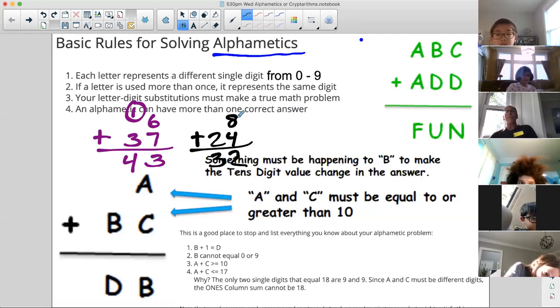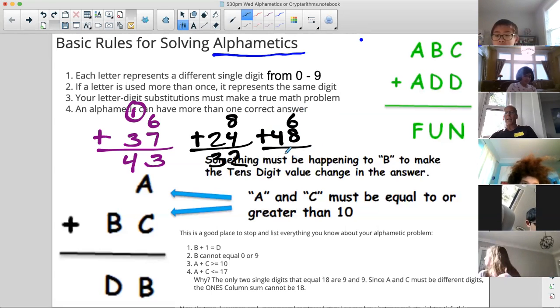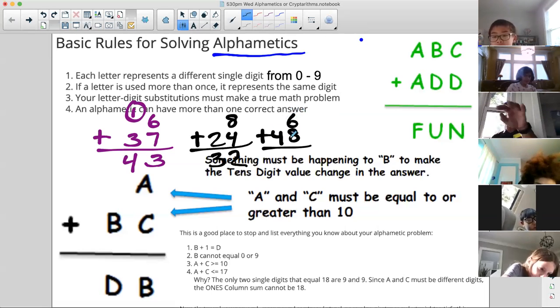Can you give me the whole problem? 6 plus 48. Come on, don't leave me hanging. Just give me the answer. 6 plus 48 equals 54. There you go. And that is another beautiful, beautiful solution.